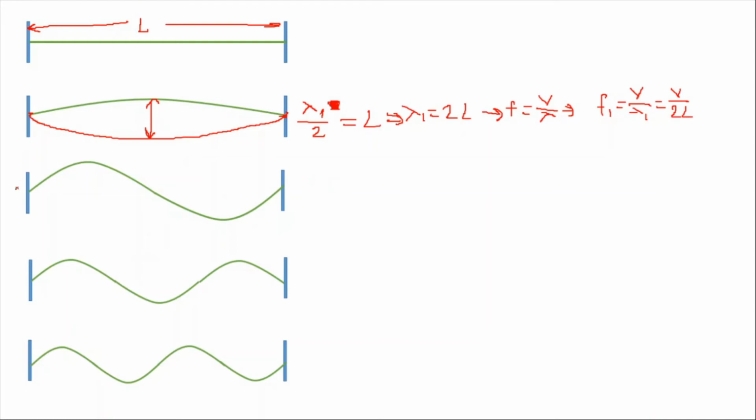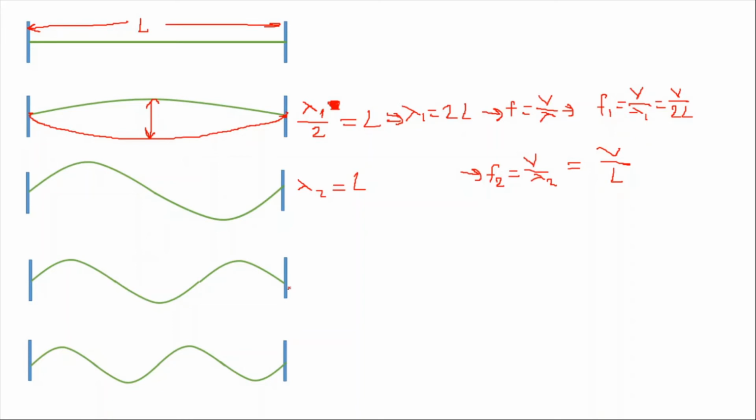Let's look at the second one. As you see, this is a full wavelength, and lambda 2 will be equal to L. So from here we can write that F2 is going to be equal to V over lambda 2, and it will be equal to V over L. This is F2. What about this one?